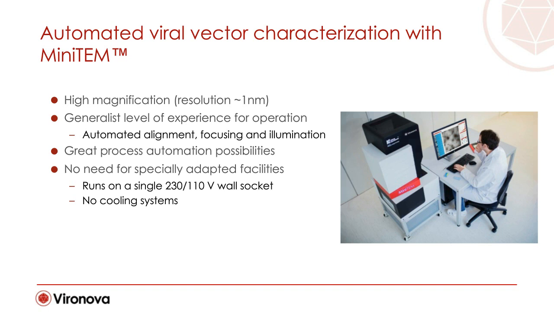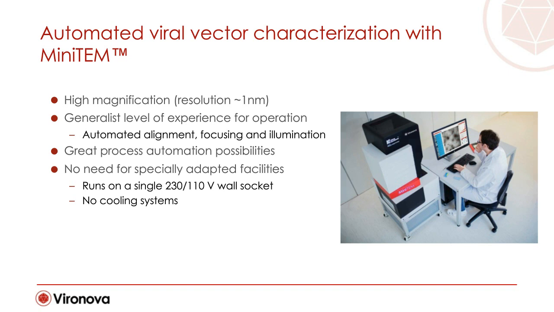First, some basics. The MiniTEM is a highly automated transmission electron microscope that provides a spatial resolution of about 1 nanometer. This is sufficient for most applications that we have talked about so far. It has all the tools available for easy exploration of samples, as well as unsupervised screening and sample analysis.